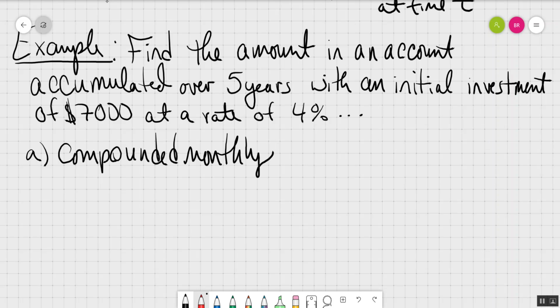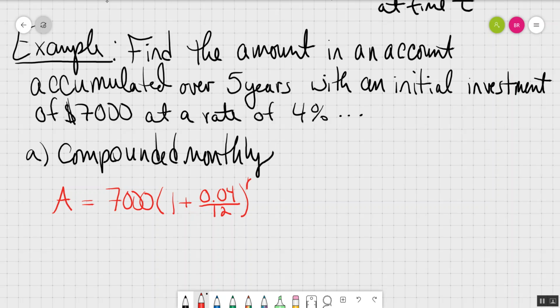So for this first example, every month you would earn a little bit of interest. But over the year, you would earn 4%. And we'll see how these amounts differ when we start doing the equations. So to do this, I'm going to take my $7,000. I'm going to have my interest rate. For our interest rate, we're going to always convert it to a decimal, so I'm going to use 0.04. And then, since it's monthly, my number of compounds is 12.